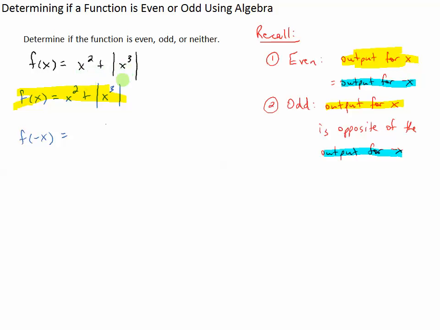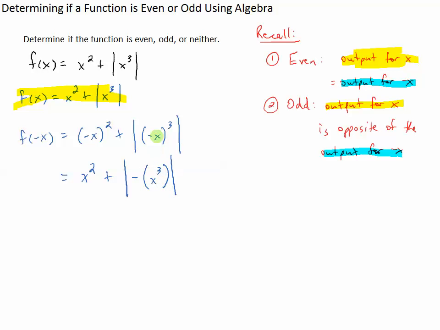So I substitute negative x into the original function, and I get negative x quantity squared plus the absolute value of negative x quantity cubed. And now I need to deal with these negatives as much as possible. This becomes just x squared as it did before, plus, in here now, when you cube a negative, you keep the negative. So this is the same thing as negative and the same thing as cubing x.